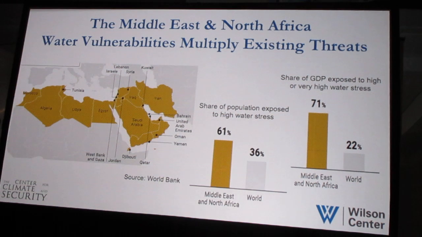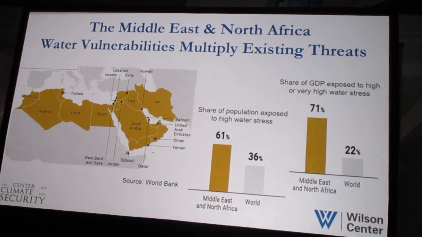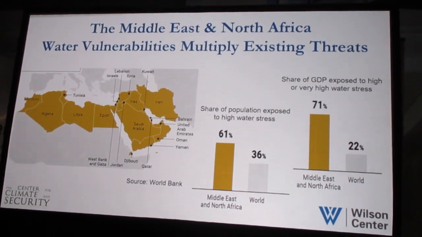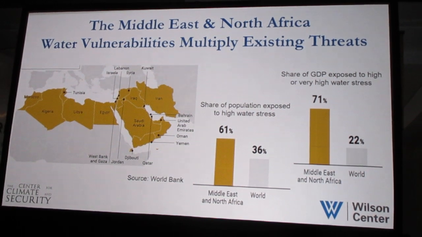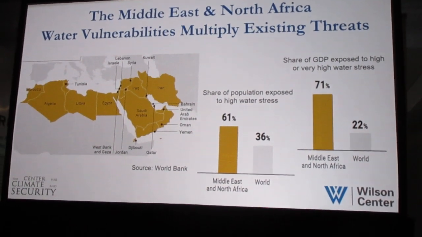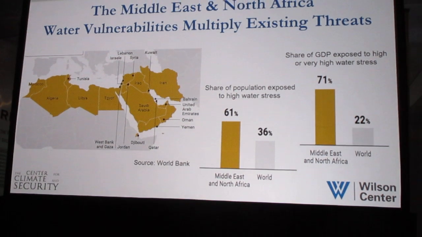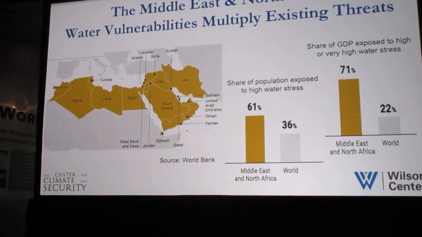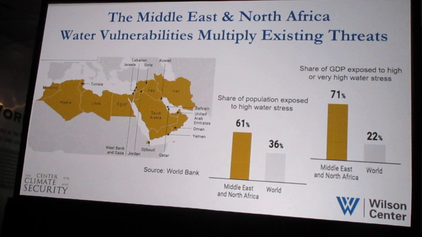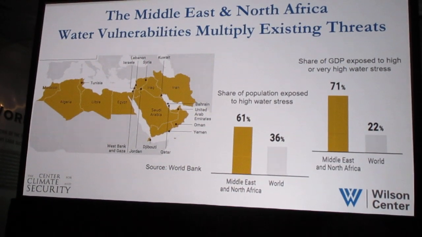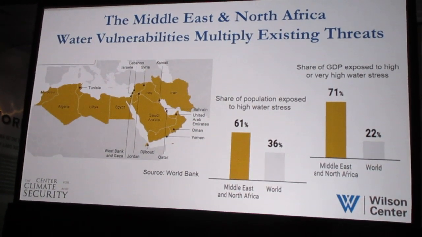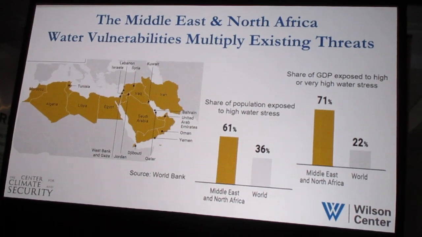Across much of the Middle East and North Africa, you have water scarcity, which is expected to get worse. More populations will be exposed to water stress in coming years. Except for the few parts of the region that can really afford expensive desalination plants, which are also very fossil fuel intensive to run.